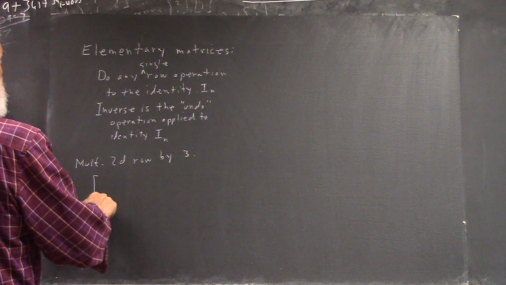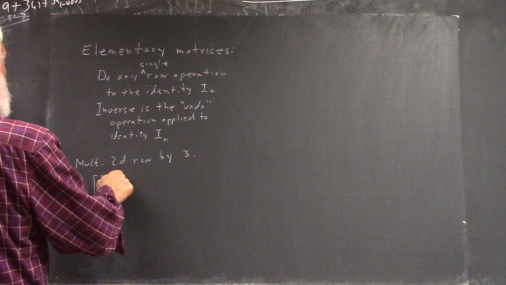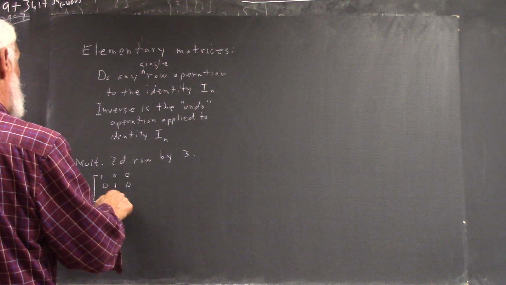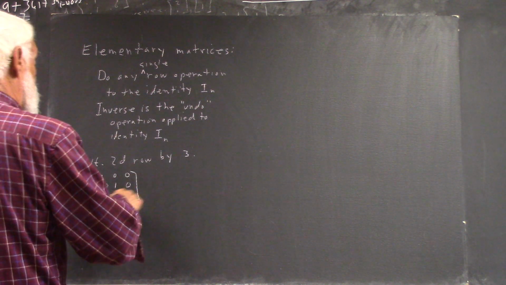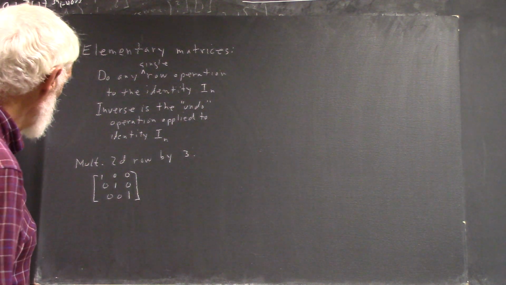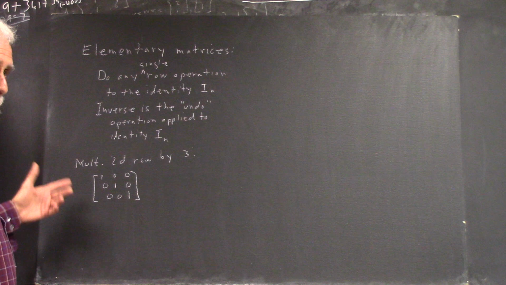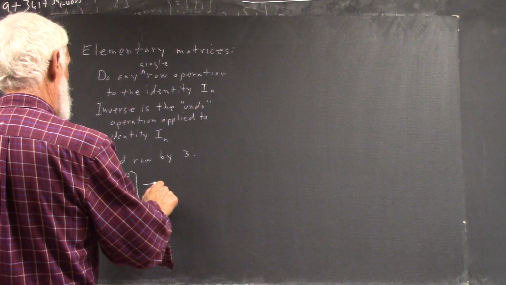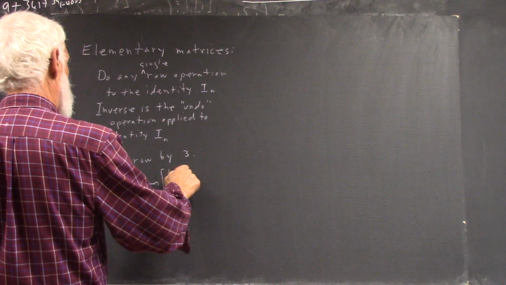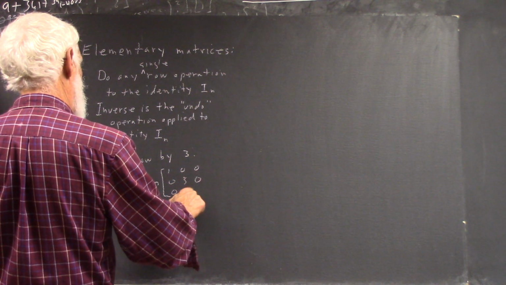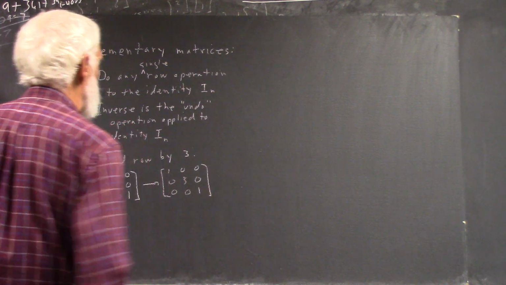So your identity, that depends on what your n is. I'm just going to use n equals 3 because I want to write more than 4 entries. Yeah. More than 2 rows and columns. But I don't want to write too many. Okay? So 3 is good. So this gives you this, okay?